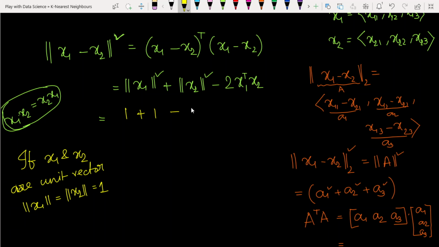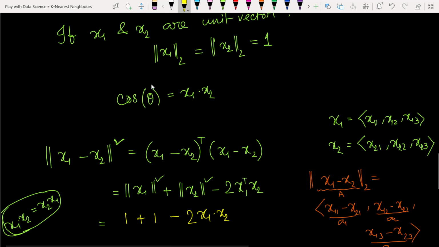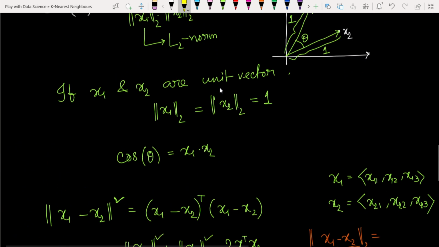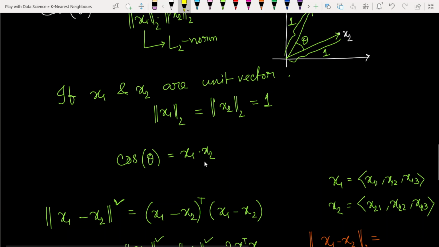The dot product of these two is the vector dot product, meaning the transpose multiplication, and for unit vectors cos theta equals x1 dot x2.